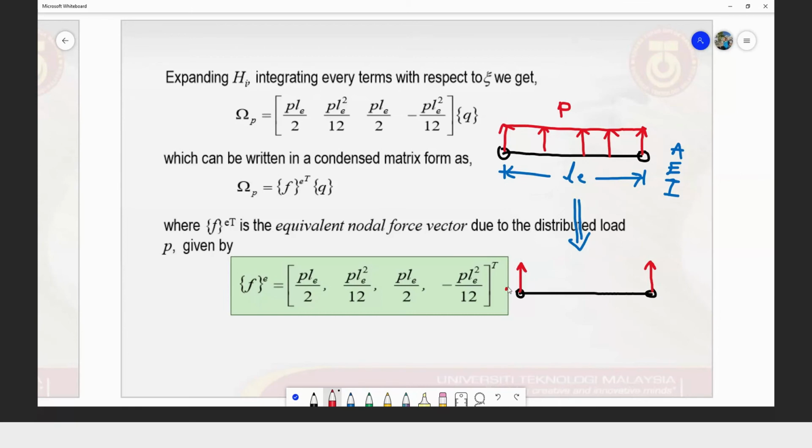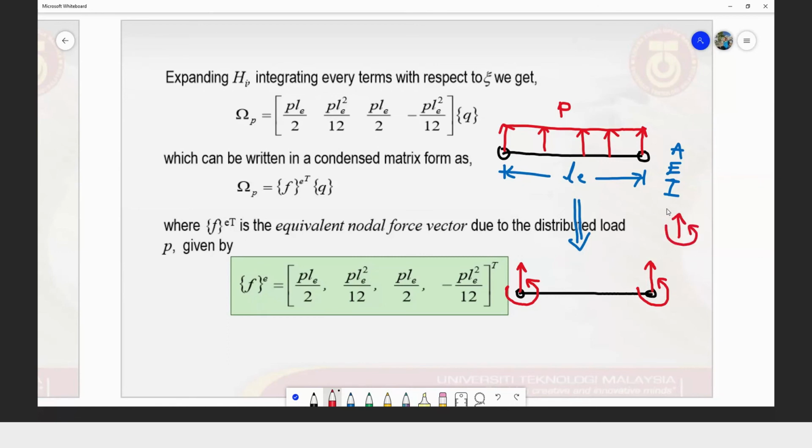And then at each nodal point, it will have the rotation or slope as well. So the way we write the equivalent of the force and moments, we write it according to the positive sign convention tadi tu.